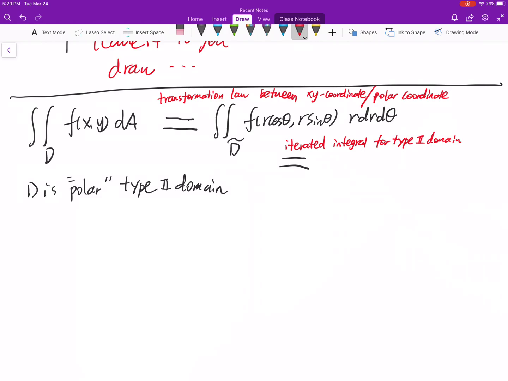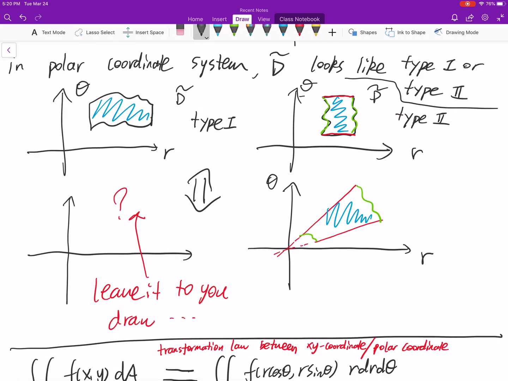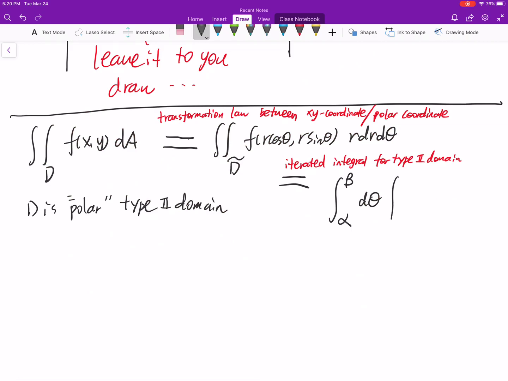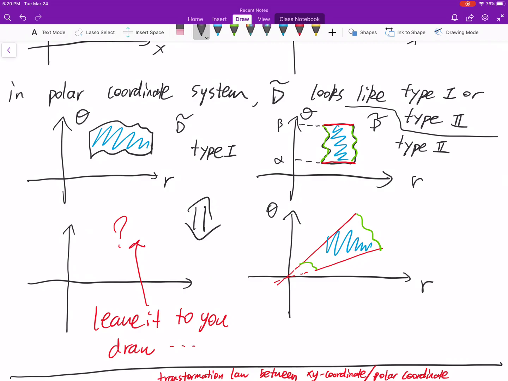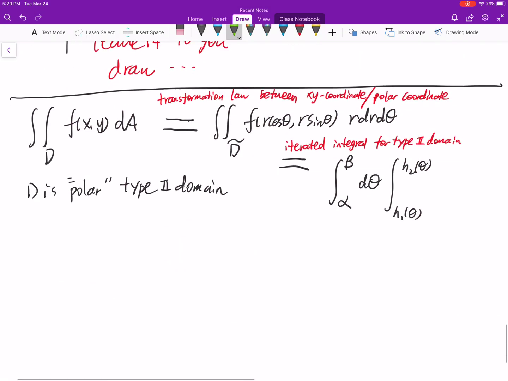Then here you can easily write down its integration from alpha to beta. So let's assume this is beta, this is alpha, with respect to theta, and then the integral of h1(theta) to h2(theta). So let's call this boundary h2, this boundary h1.